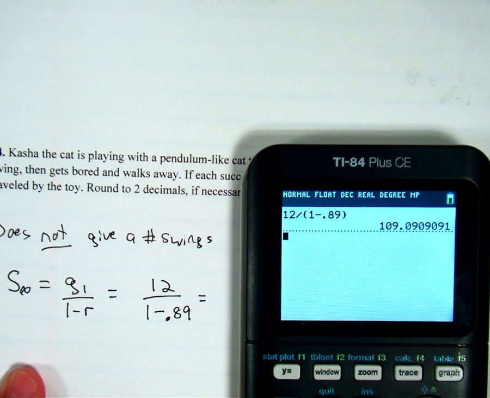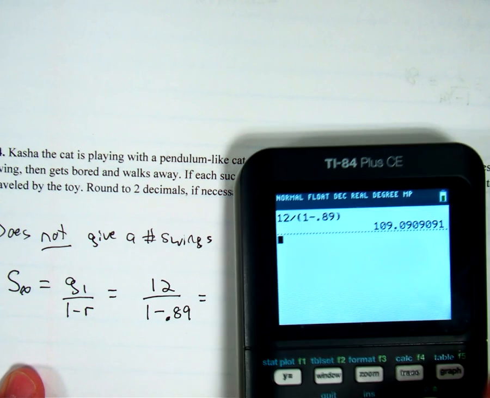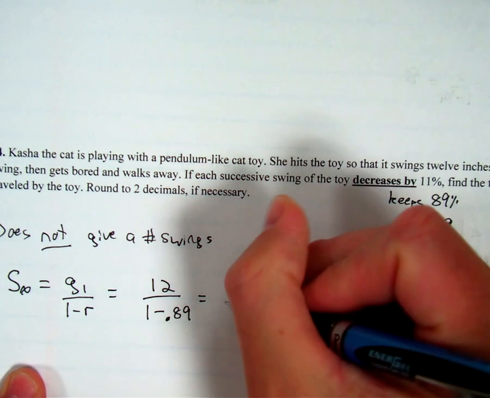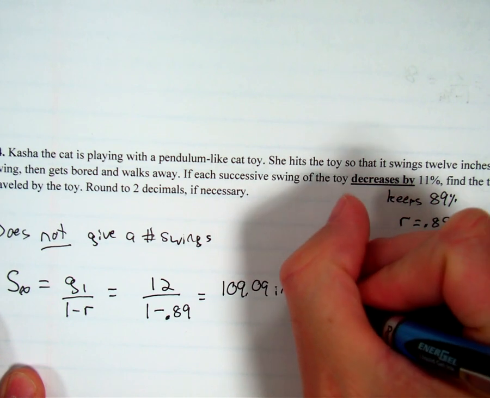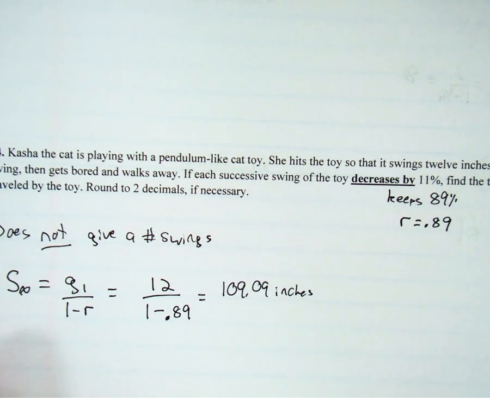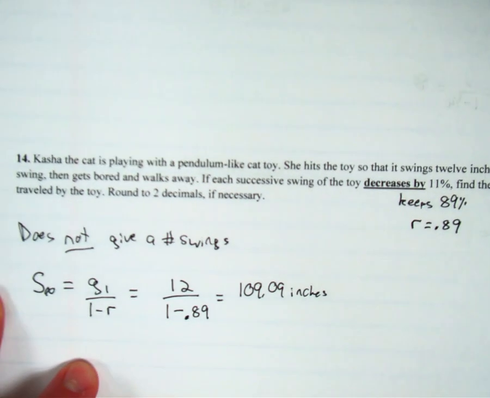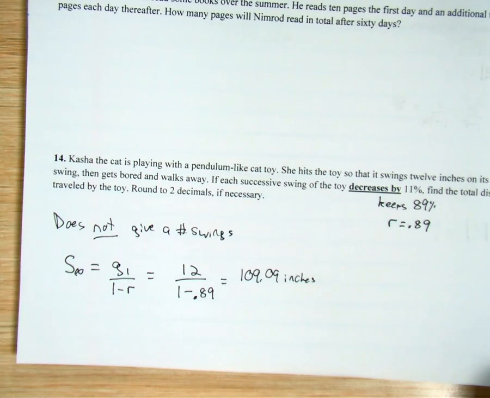Or you could do a fraction bar or whatever you're comfortable with there. And that's 109.09 inches. It did say to round to 2 decimals if necessary. So 109.09 inches.